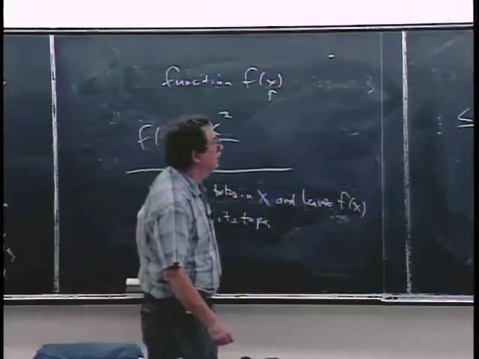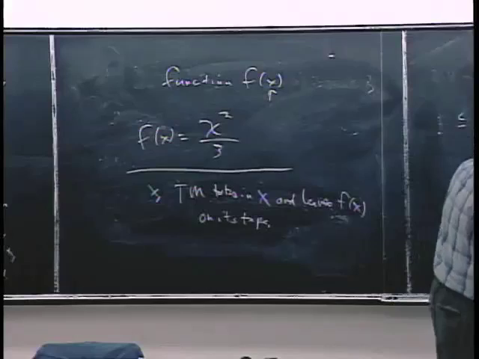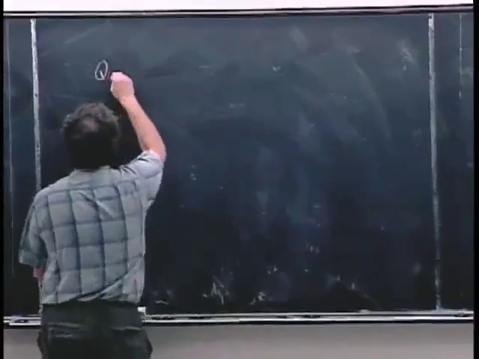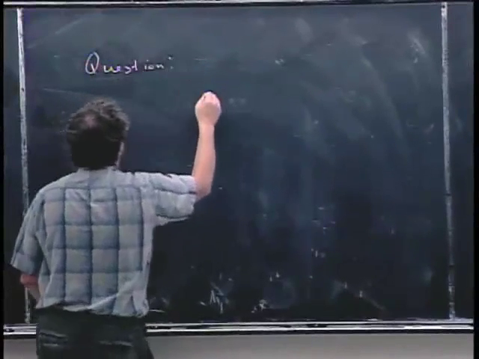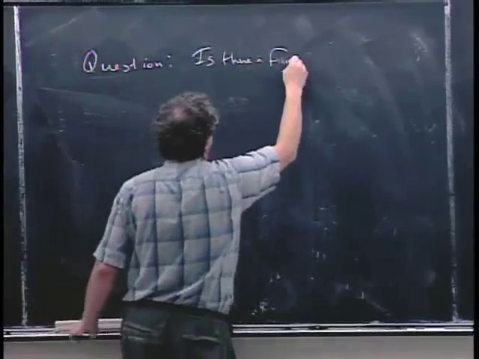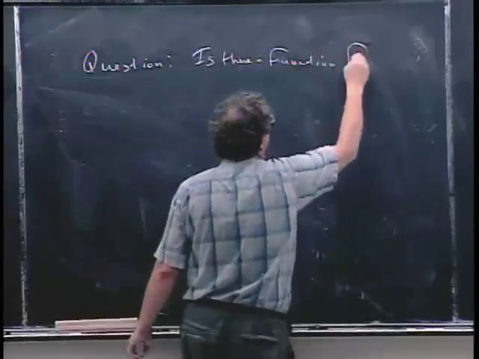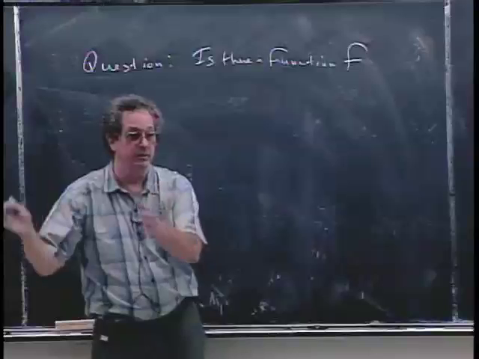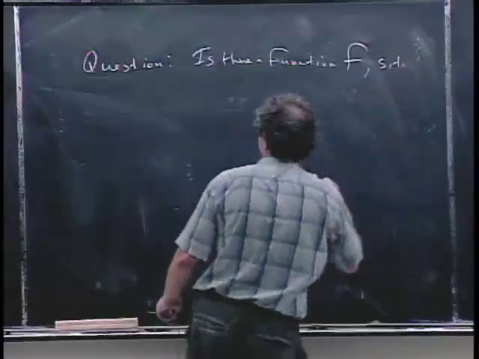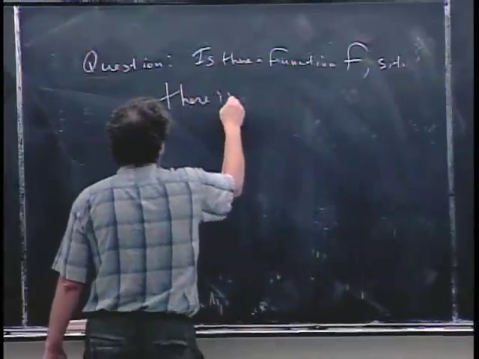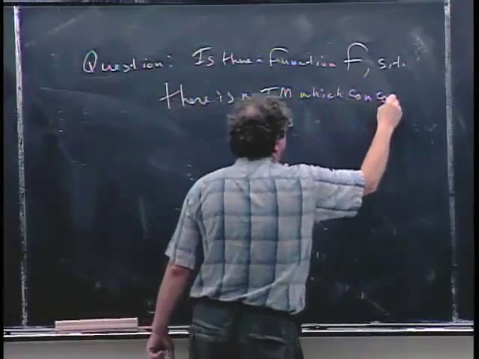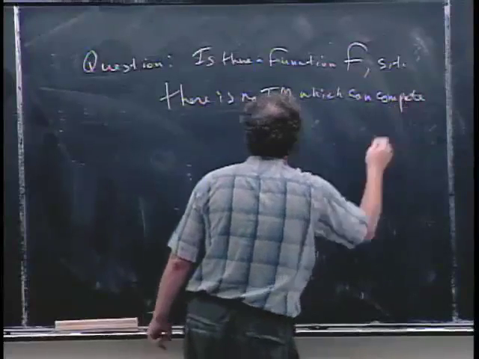Question is, is there a function f? I mean, it's a perfectly well-defined function. You take in the input, you get a result out, function f, such that there is no Turing machine which can compute f of x.